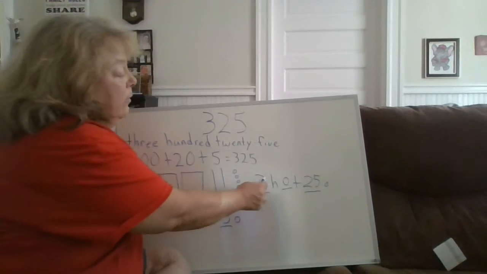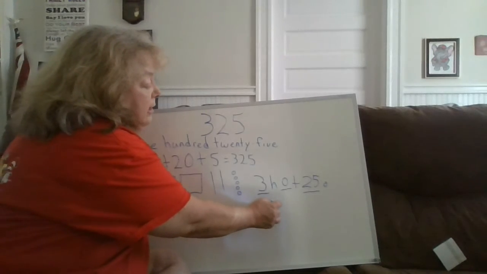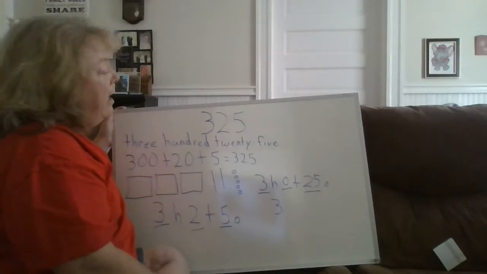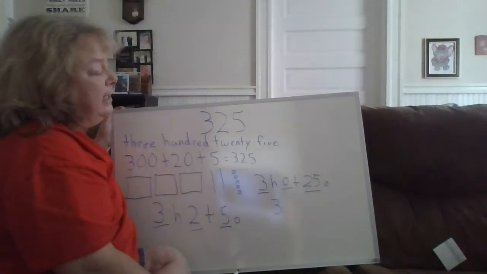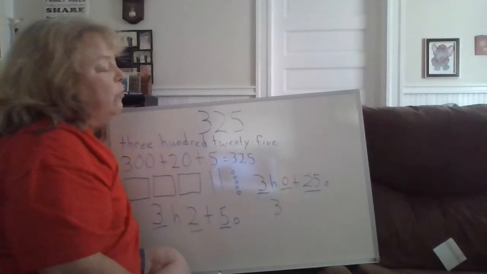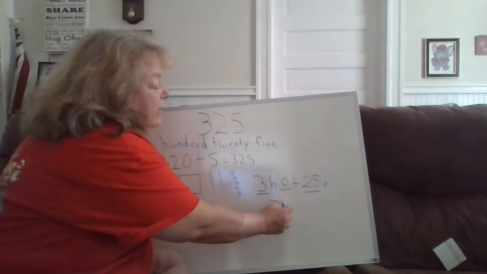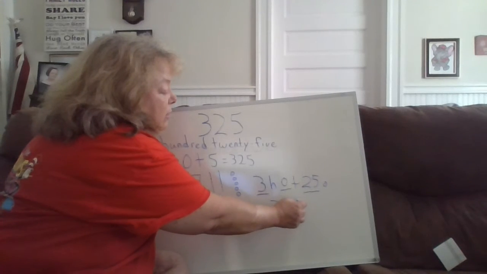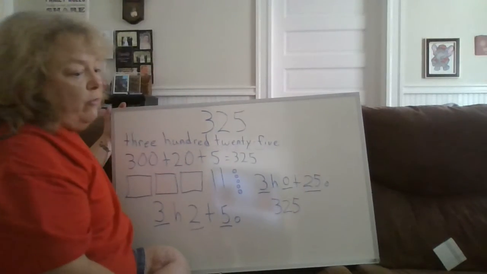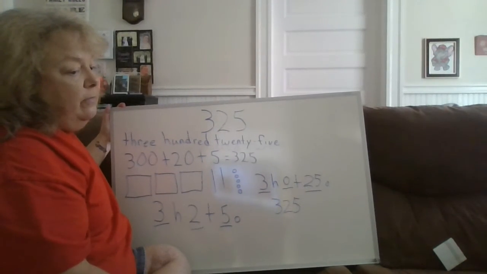Sure would. Because, look, 3 hundreds is still 3 in the hundreds place. I don't put anything down in the tens place. 25 ones still makes 25. So I still have 325.